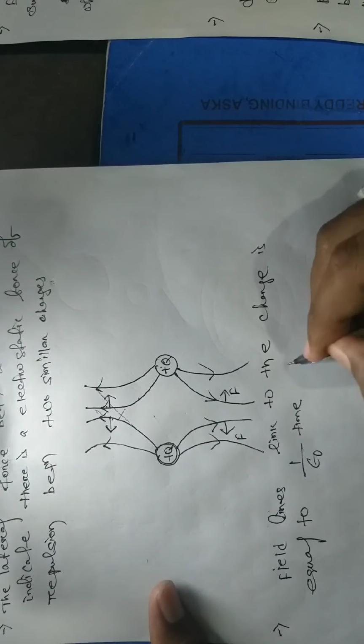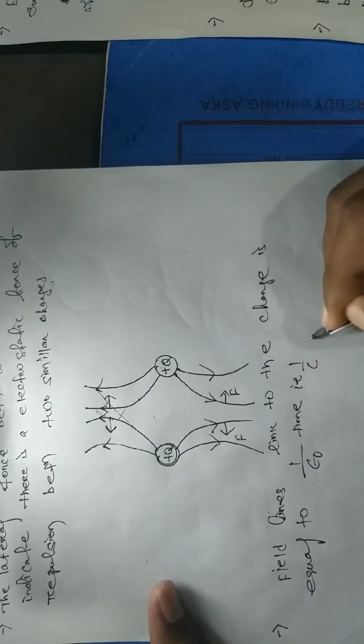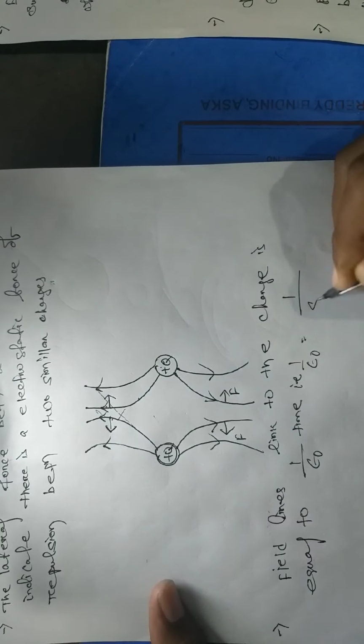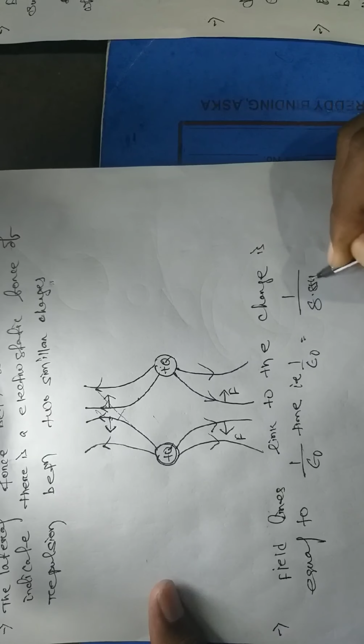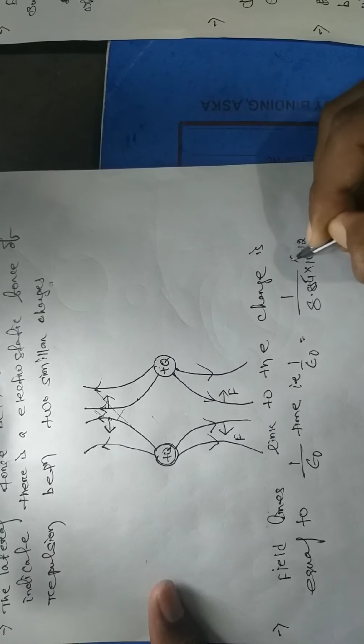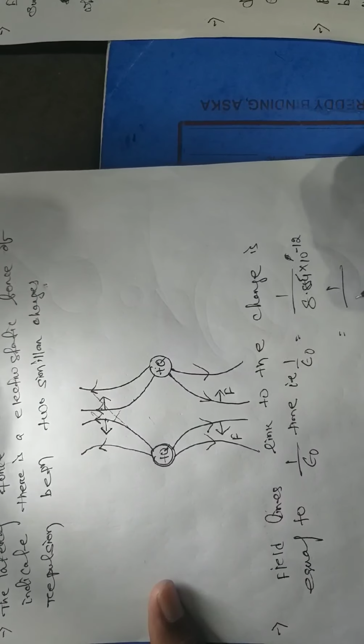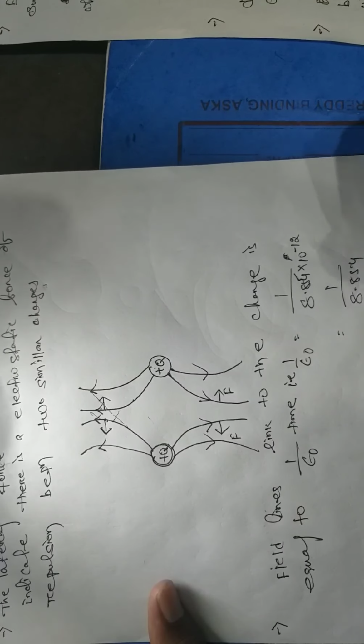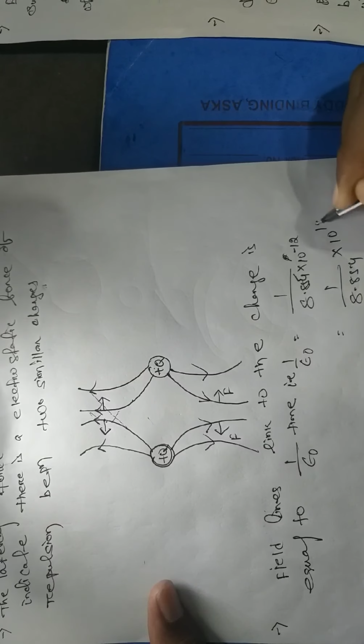That means 1 by epsilon naught is equal to 1 by 8.854 into 10 to the power minus 12, so we write 1 by 8.854 into 10 to the power 12.